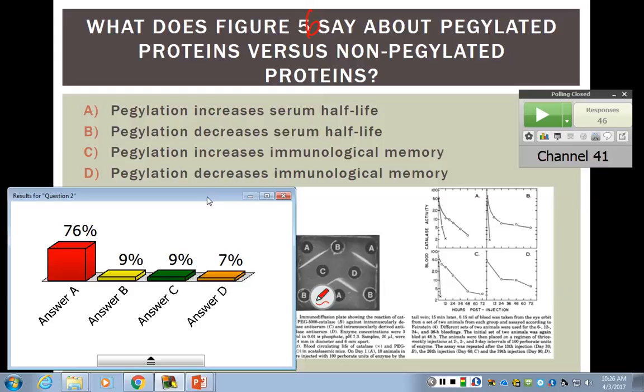Can we say anything from this data about immunological memory as it pertains to pegylated catalase? All right, some of you wanted to say C or D. Is there anything to be said about immunological memory from this data?